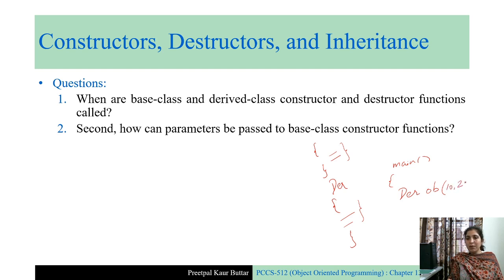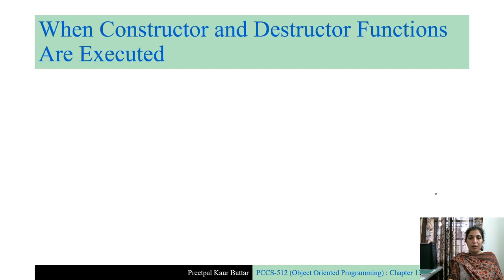Some of its data members can be inherited from the base class, some are its own data members. So how are the data members which are inherited from the base class initialized? How do we pass these parameters to the base class constructors?